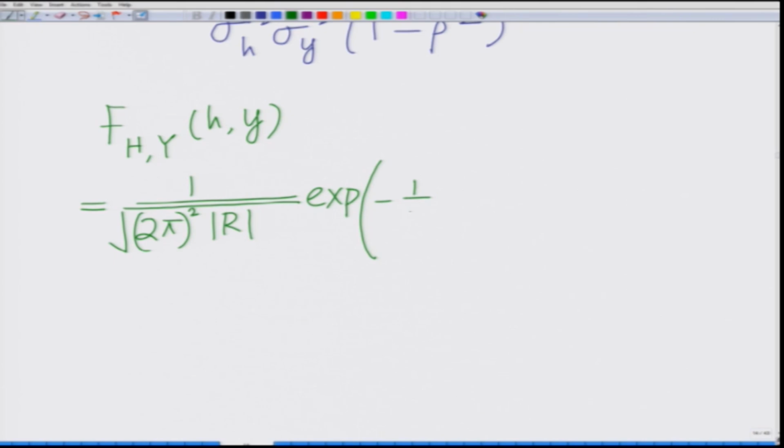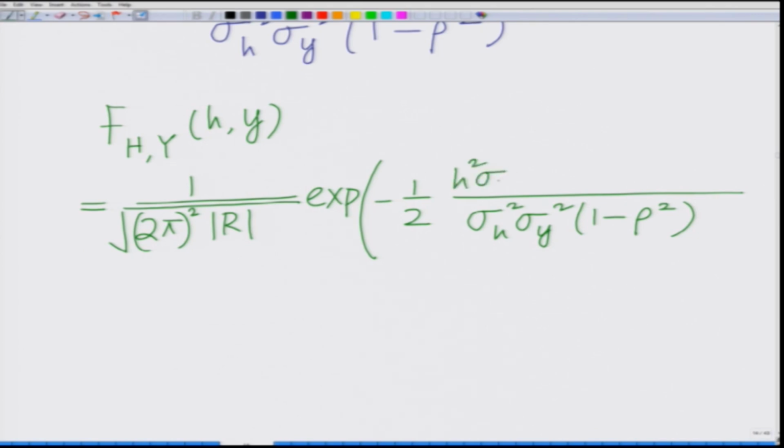In the denominator I have sigma h square sigma y square into 1 minus rho square. In the numerator, I have h square sigma y square plus y square sigma h square minus 2 rho sigma h sigma y times h y.